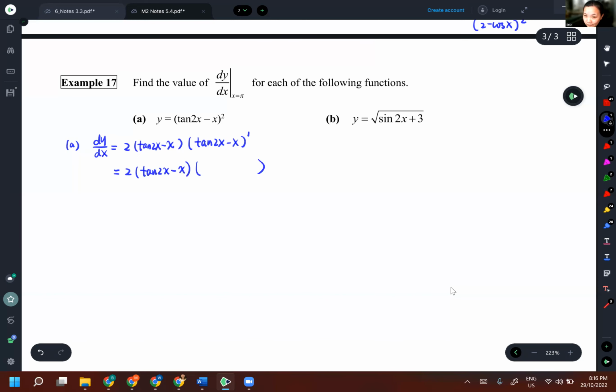Now inside, we have two differentiations to do. The first one is very complicated because the first one is not tangent x, it's a composite function. It's tangent u and u equals 2x. So I have secant u squared and du/dx. And the second one is easy, it's just minus 1.